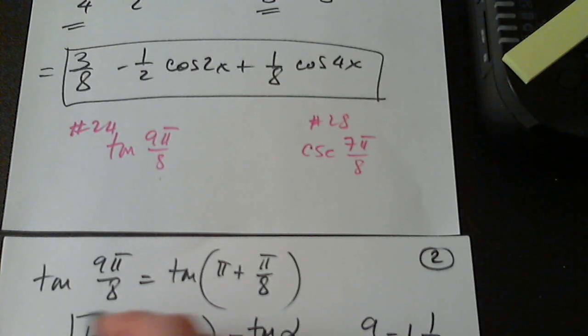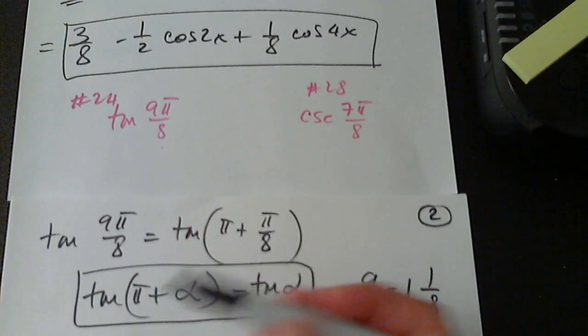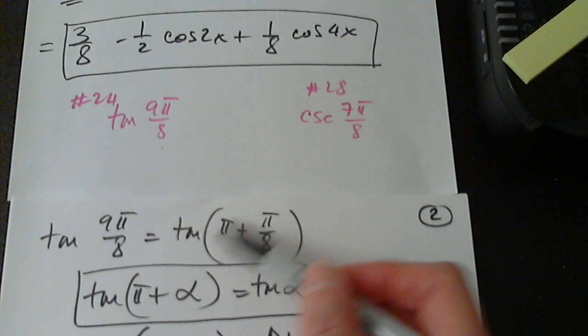How come? The period of tangent is pi. So tangent of (pi plus alpha) will always equal tangent alpha. For the functions that have period 2 pi, like sine, sine of (2 pi plus alpha) will be sine alpha. So therefore, I don't have to worry about this.